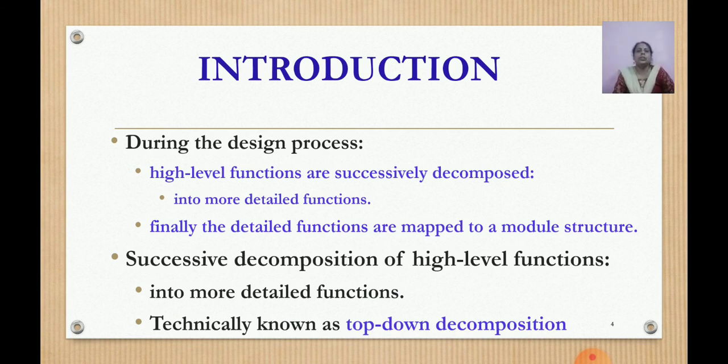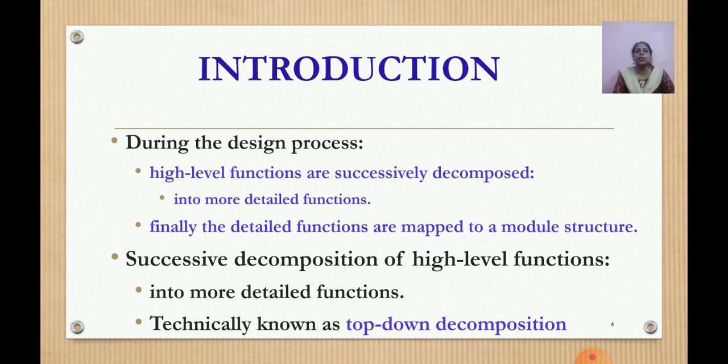Introduction. During the design process, high level functions are successively decomposed into more detailed functions. Means in the design phase, the SRS document is converted into different functions in the design document, and the functions are again divided into sub-functions, and sub-functions are also divided into more detailed functions.